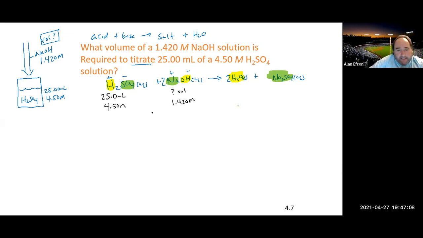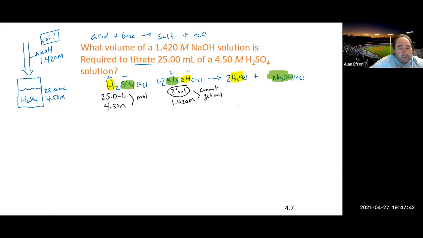This problem is a basic stoichiometry problem. From these two pieces of information here, I could definitely get moles. From these two, I cannot get moles, because we're looking for the volume. Because we cannot get the moles of both of our reactants, it's just a basic stoichiometry problem. Any questions on that?